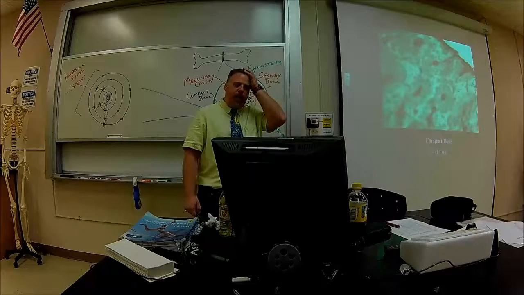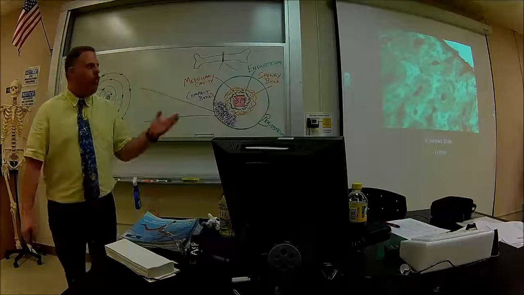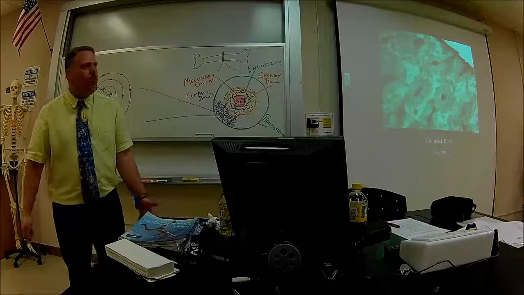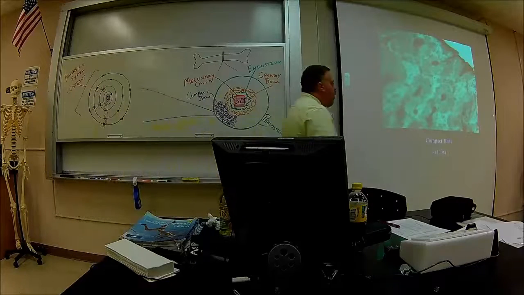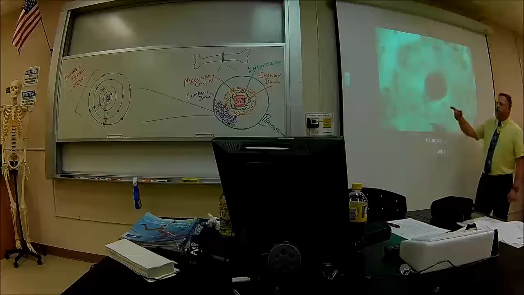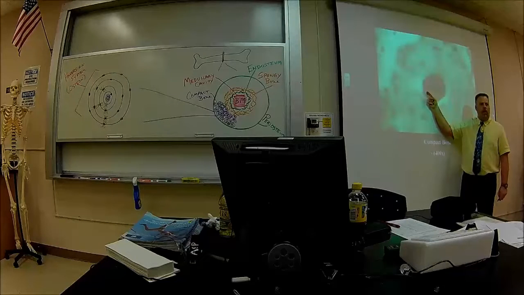Then you got compact bone. I don't think anybody in this room is going to have an issue with identifying that's compact bone. There's nothing else that looks like that. Okay? Looks like tree stumps. So when you get close, as I drew for you over there, there's a Haversian canal.